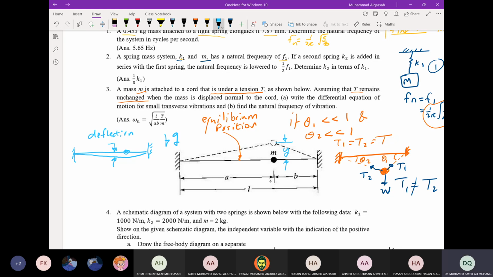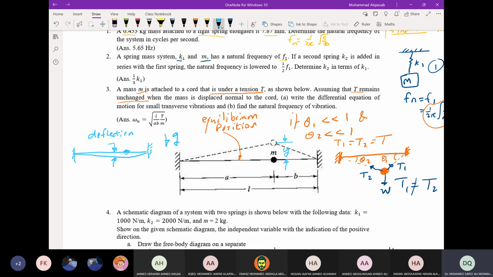Under high T, you need, of course, infinite tension to make this straight. For the equilibrium position to be a horizontal line, the tension would have to be infinity, which cannot be accomplished. But we can assume that it is high enough that the sag is very small and can be neglected.